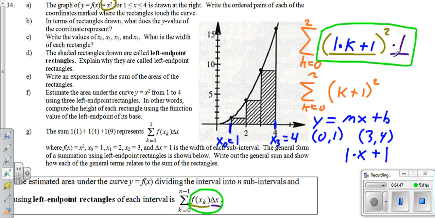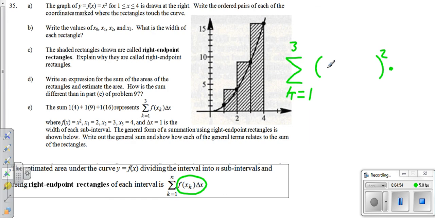So all I have to do is recopy that and put it on the next problem, and I'd be done. So that's that special equation of a line I found that I plugged in for my x multiplied by my delta x, the width of each rectangle.